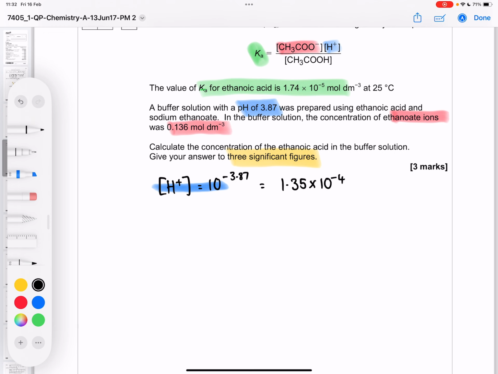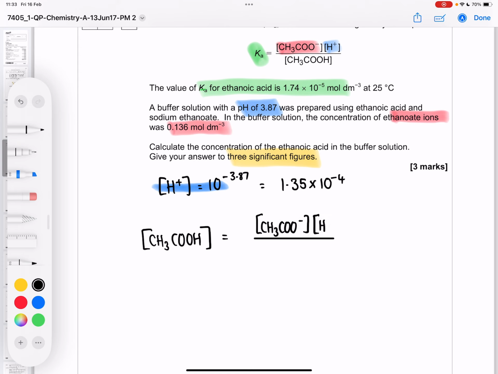So if we do that, concentration of ethanoic acid is going to come up off the bottom line. I'm going to multiply the left-hand side by it, but at the same time I'm going to divide both sides by Ka.